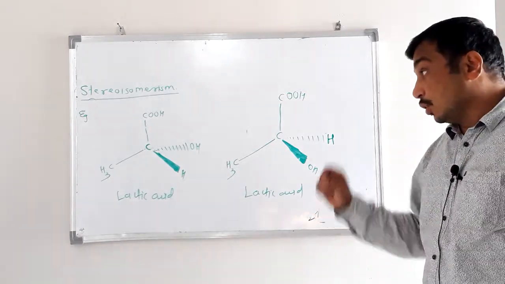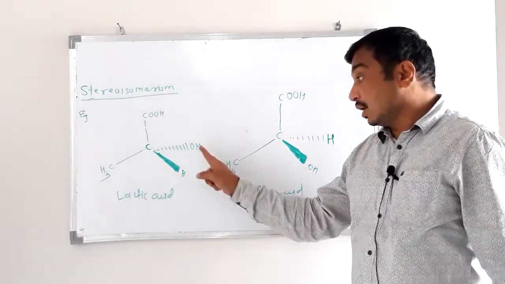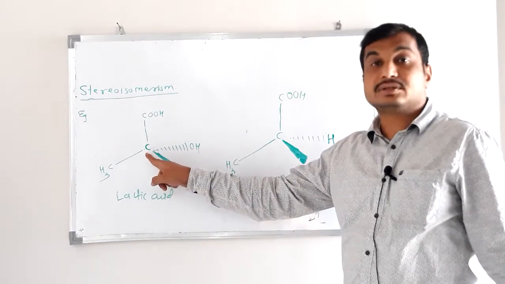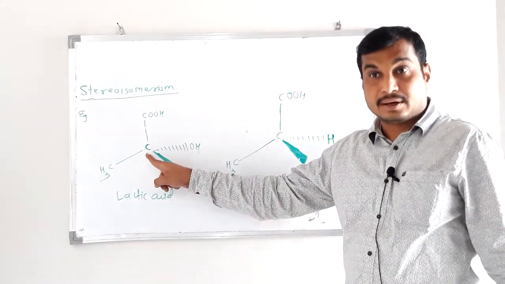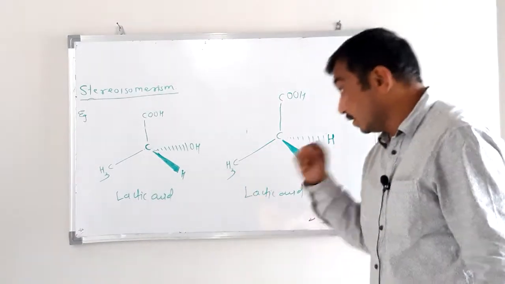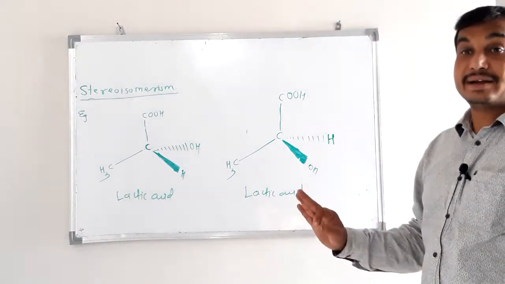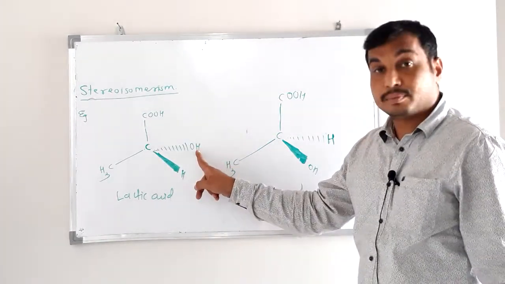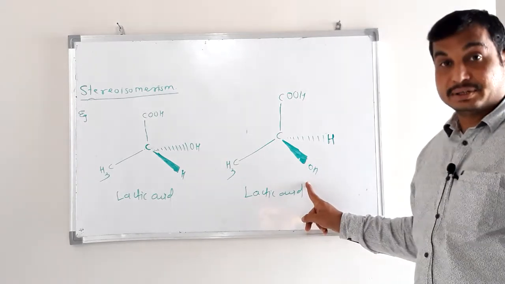It means the orientation of the hydroxyl group and hydrogen around this carbon atom is different. What is the difference between these two structures? The orientation of atoms or groups of atoms around this carbon atom: OH group on the back side, OH group on the front side.